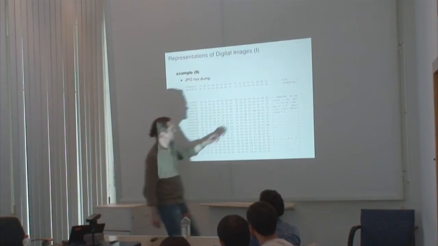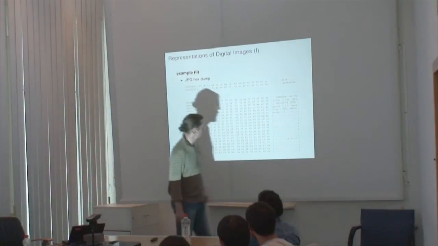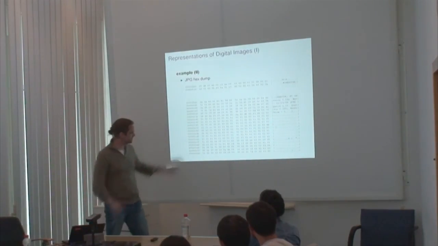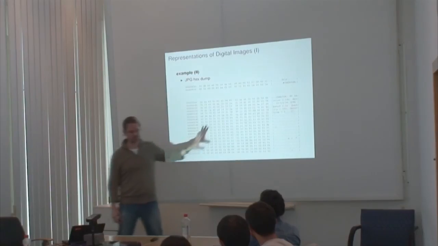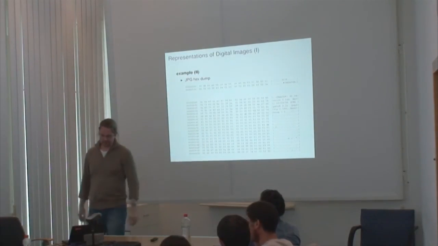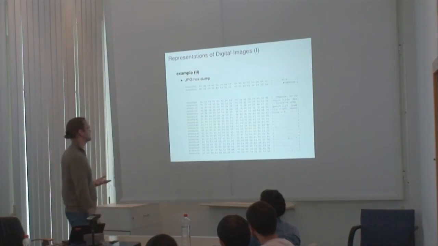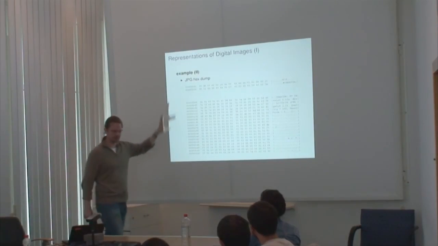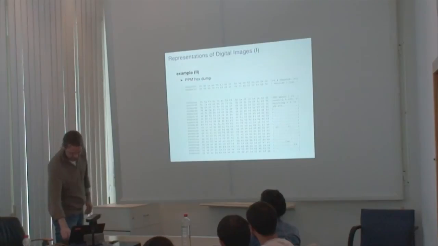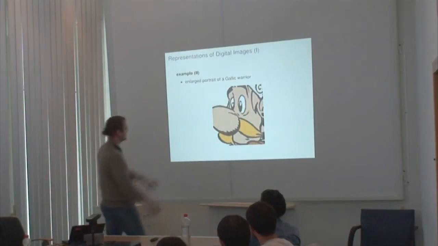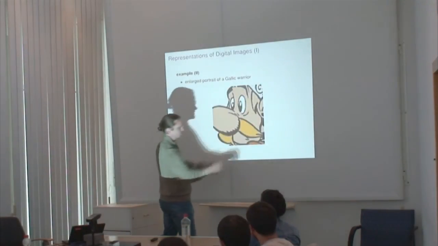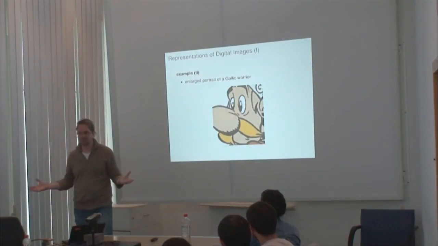So we have a different header here, and not only is the header different, but also the information that represents the image. What I'm trying to get across here is that the two files look different, but if I really visualized the PPM image and the JPEG, there would be no difference.